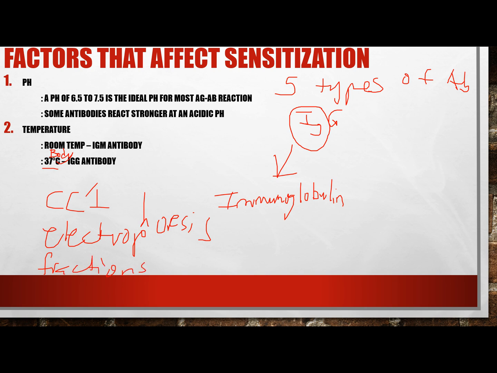And one of the fractions, class, is known as your gamma globulins, or also known as your antibodies. So immunoglobulin is also another term for antibodies. They are the same. Now, there are five types of immunoglobulins or antibodies. Please remember the acronym GAMED.